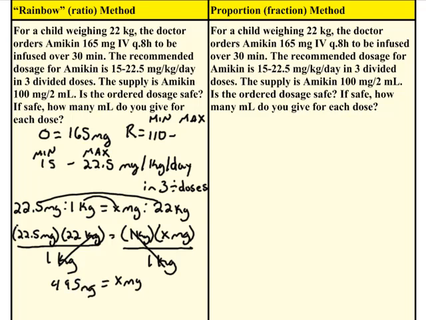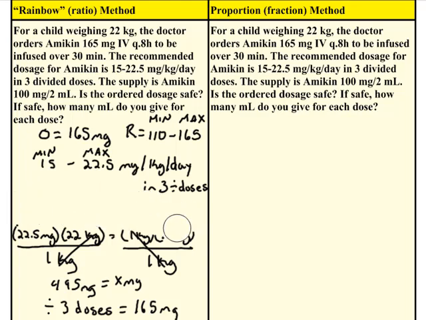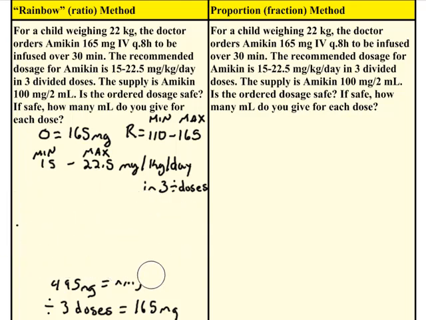However, again, this is a daily dosage, and we need to divide it by the 3 doses that the doctor wants to give it in. So if we take 495 and divide it into 3 doses, we see the maximum amount we're allowed to give per dose is 165 milligrams. We now should be able to compare our order of 165 milligrams to our range of 110 to 165 milligrams per dose.